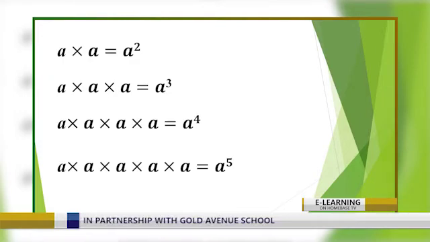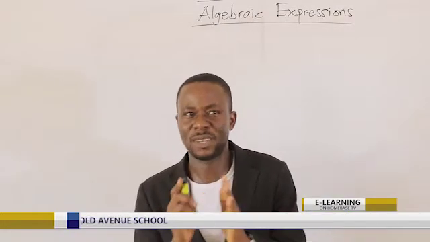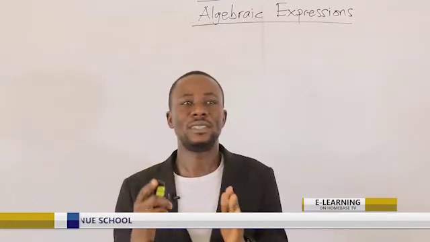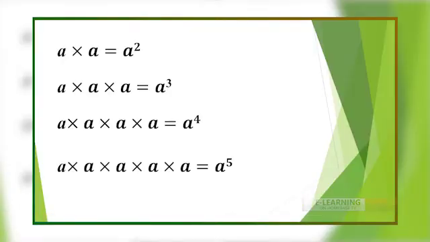Good. So anytime you see exponents, multiplication should come to mind. Know that that variable or that value multiplies itself repeatedly that number of times. So let's move to the next one. A times A times A times A, A repeatedly multiplies itself 4 times. So it's equal to A exponent 4. Good.